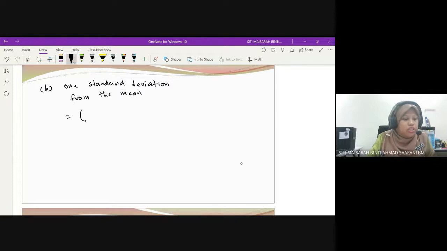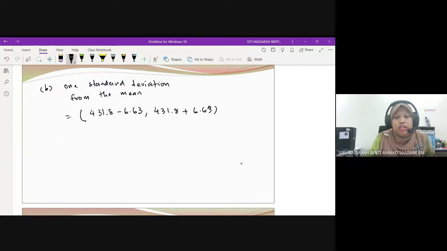So dia punya interval dia, mean tadi 431.8 tolak dengan standard deviation 6.63. Tinggal 431.8 plus 6.63. So then kita dapat interval di antara 425.17 to 438.43.